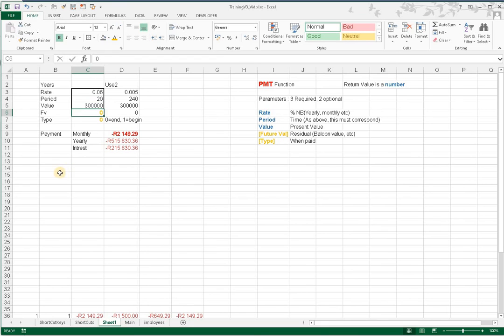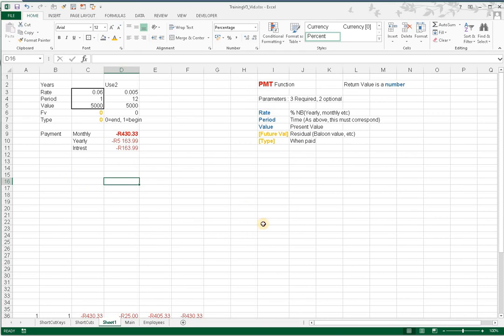On a 300,000 Rand bond for 20 years, I would pay 2,149 Rand 29. By the way, I am paying 515,000 back, therefore 215,000 is interest. And you can start playing. I'm going to leave it at the original values, but I wanted to show that you could use your parameters to start playing and seeing what the result would be.